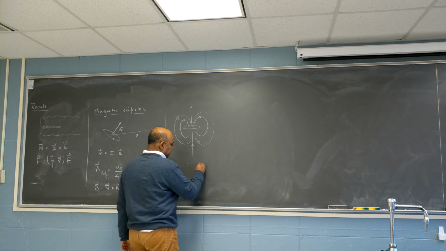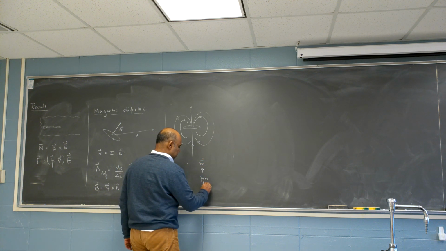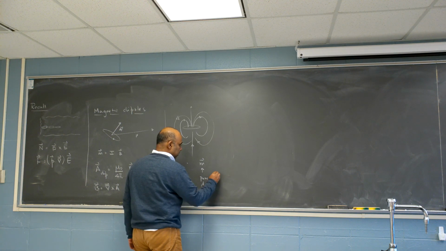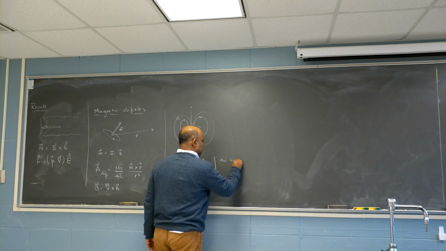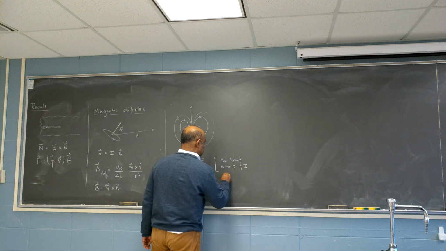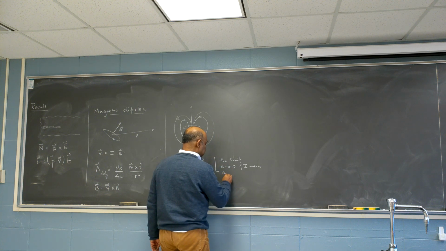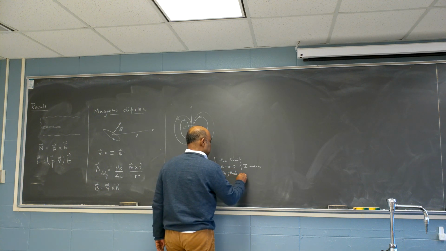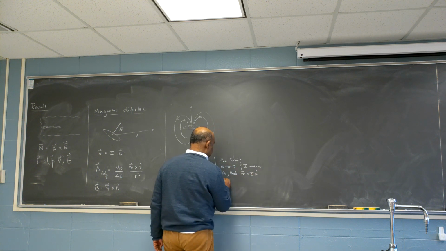So a pure dipole is the limit A goes to 0 and I goes to infinity, so that m equals IA remains finite.